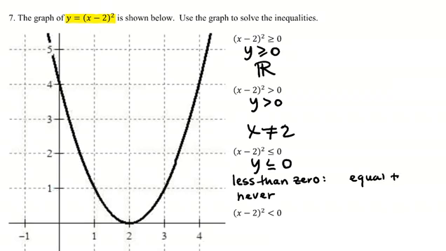Equal to 0 happens only at x equals 2. And so as far as less than or equal to 0, that's really only ever happening at x equals 2. So the answer is x equals 2.